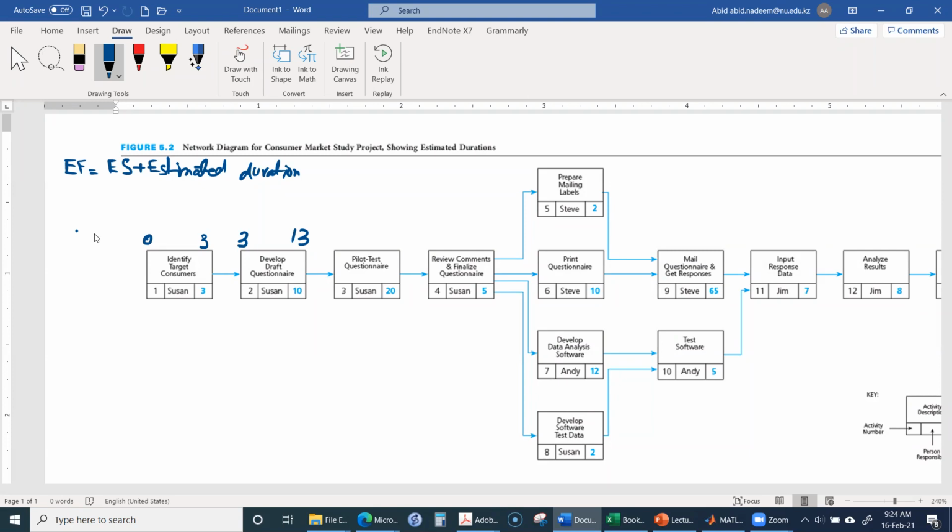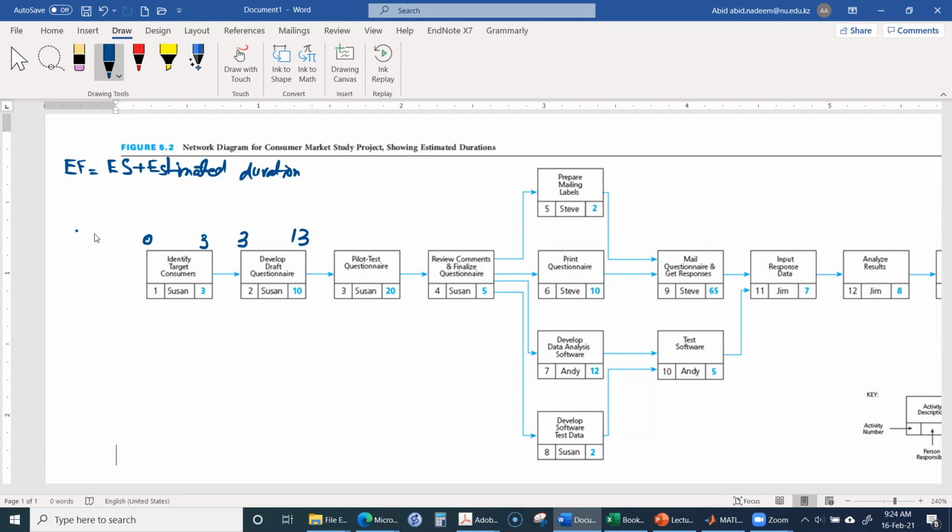End of the 0th day or start of the first day is the same thing. Similarly, this 3 means the end of the third day or the start of the fourth day, which is the same thing.